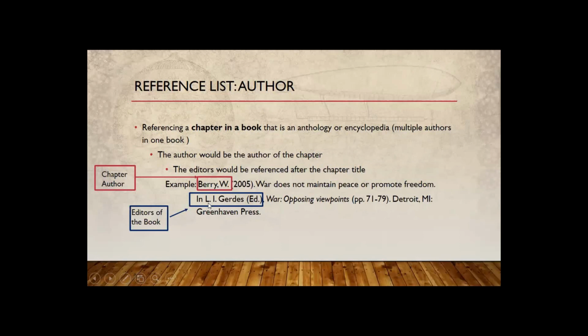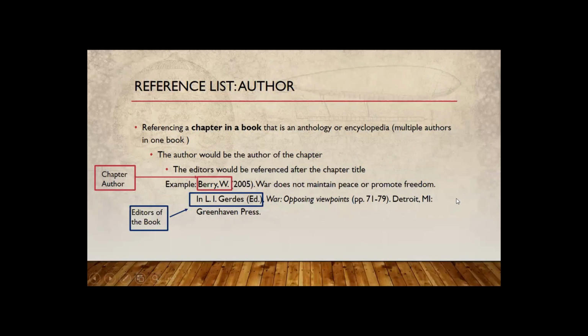So here you would have the first name initialed, the middle name initialed, and then you would have his last name spelled out at the end. And that's how you can tell the difference between editors and authors.